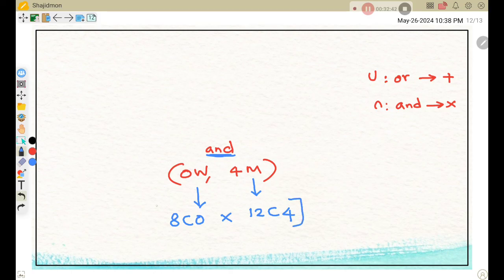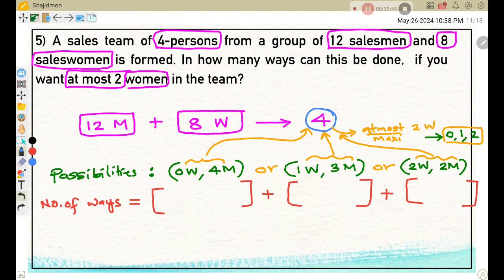This is the first bracket actually. Hope you understood how we are writing that one. So I am writing here that same case, 0 women out of 8: 8C0 multiply, comma or and means multiply, 4 men out of 12: 12C4.